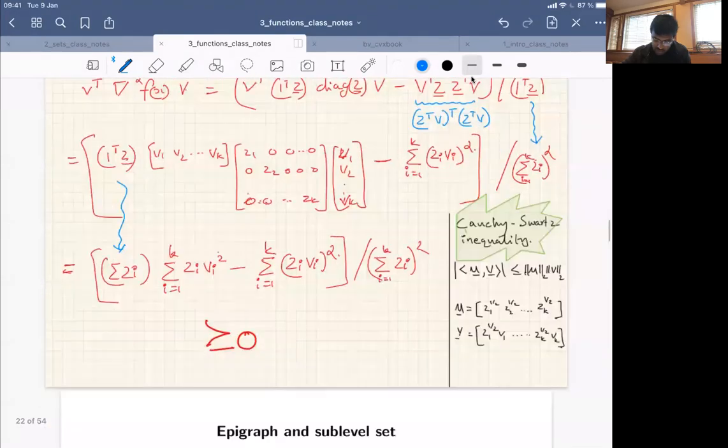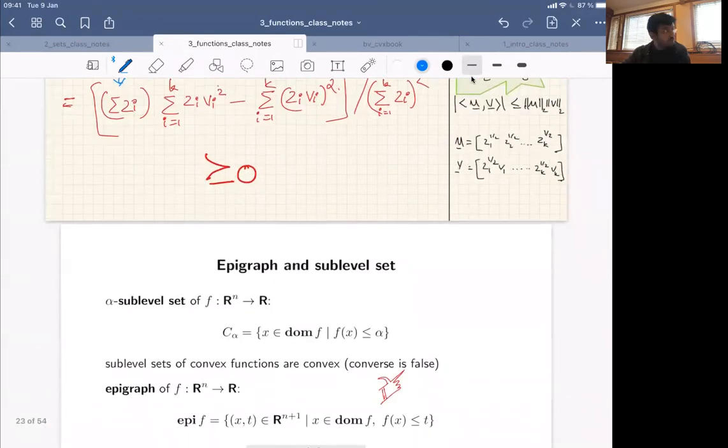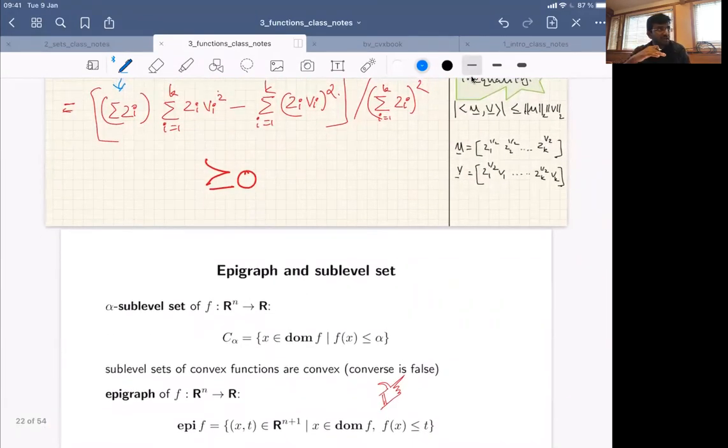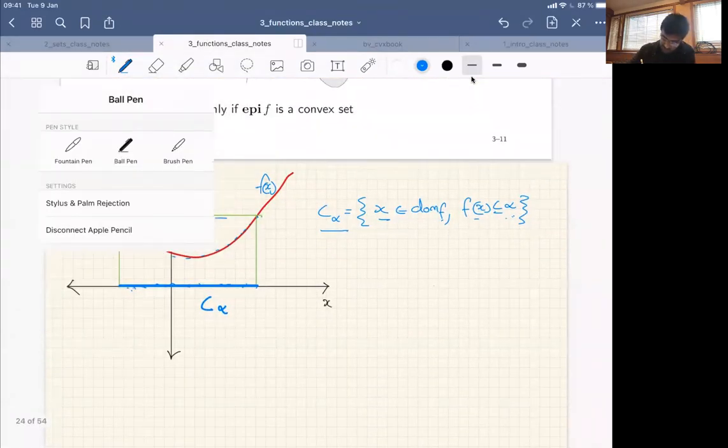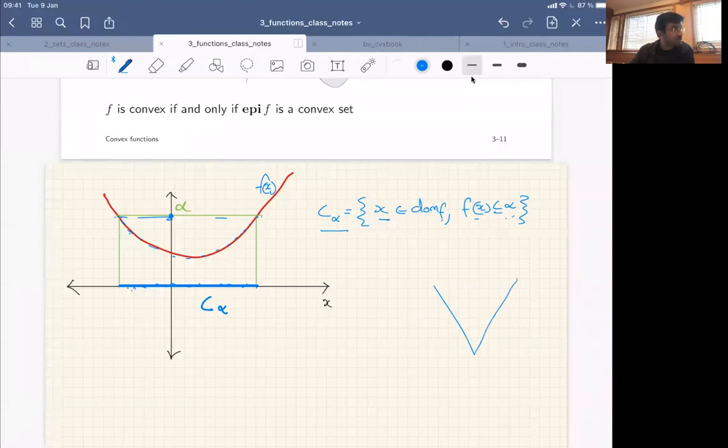It's only for the first or second order condition. Here I'm not talking anything about the second order condition. So you cannot always come up with this idea. For example, you can even have a function like this, which is not differentiable but which is convex. In this case, you cannot come up with this second order condition, right? I'm saying it in a different way.